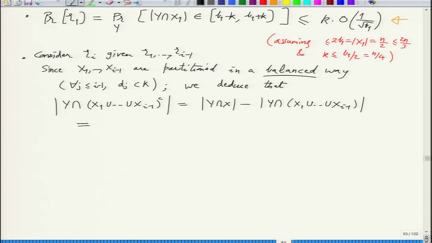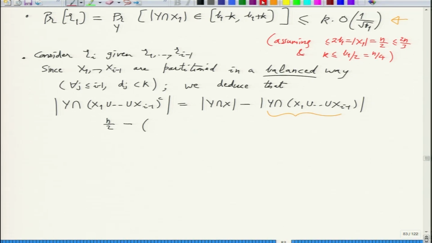So what is y intersection x? That's n by 2. Sorry, you won't be able to get an equality, but what can you say about this? Well, first of all, this expression, y intersection this union complement, do you want it to be large or small?